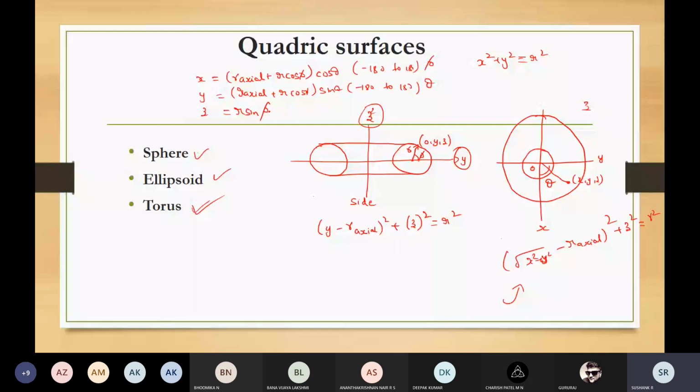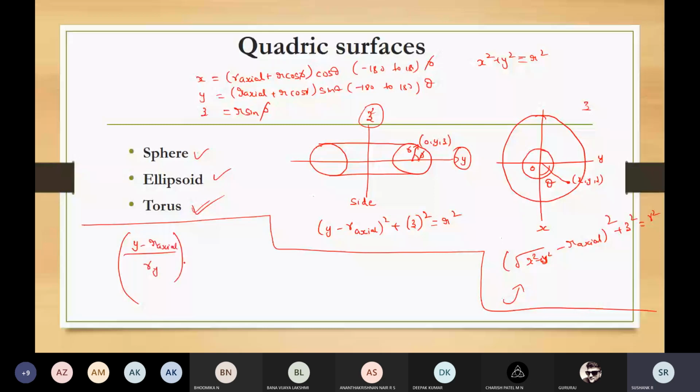Also, instead of deriving this torus from the circle, you can derive it from an ellipse. If you derive it from the ellipse, the equation will be y minus r axial divided by ry, squared, plus z divided by rz, squared, is equal to 1.